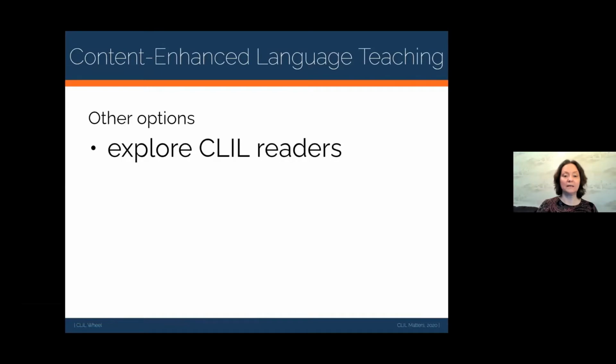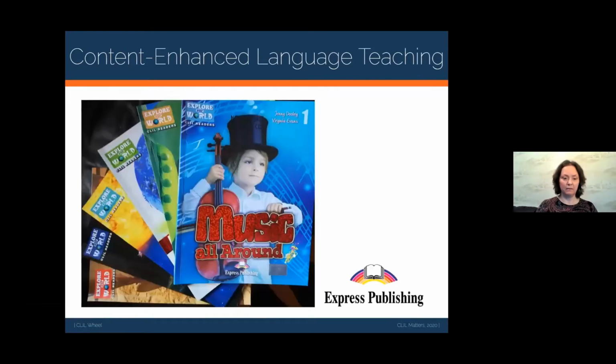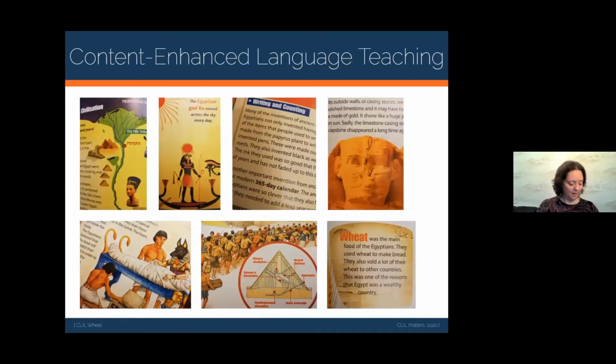Or you can explore CLIL readers, like this series by Express Publishing. And what is a good thing about that is that they tell you the language level.